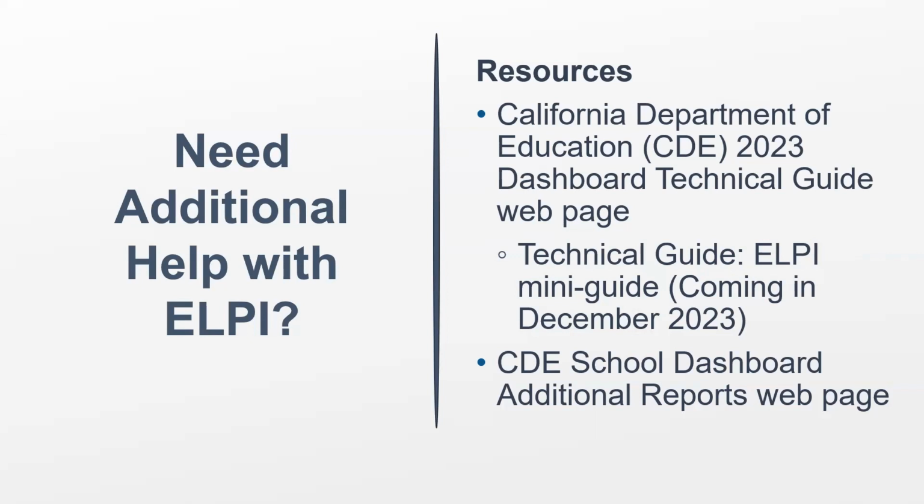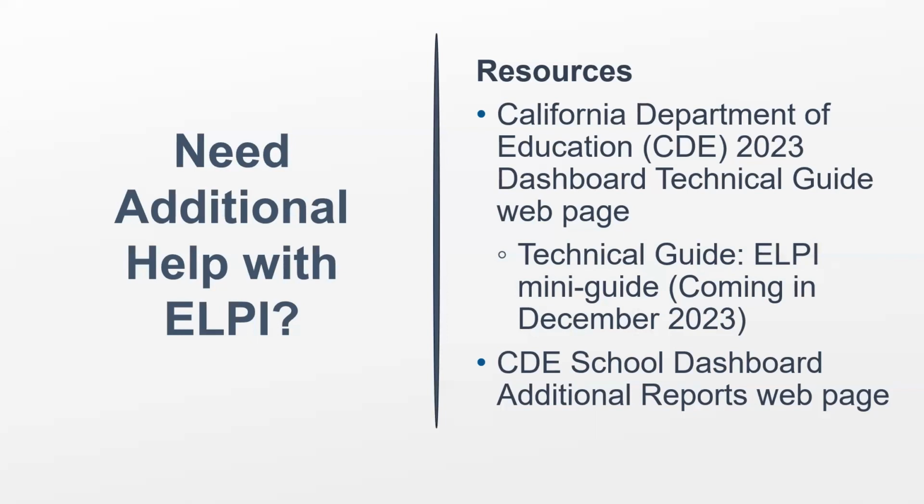If you need additional help, we've provided a few different resources with links in the note-taking guide. First, we have the LP webpage. It will take you from A to Z with everything you need to know about the LP and has lots of links to flyers, cut scores, or anything else you might need. On that page, you'll find a link to the 2023 technical guide, where we also have an LP mini guide available.